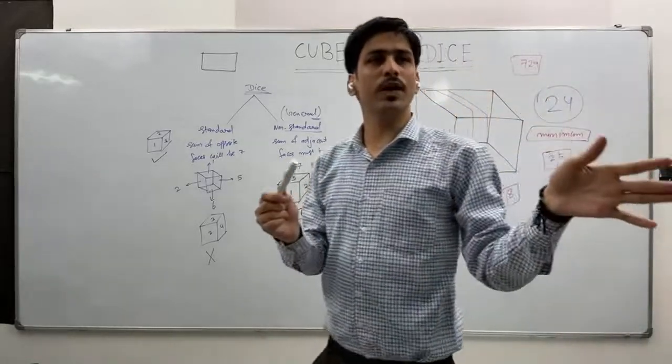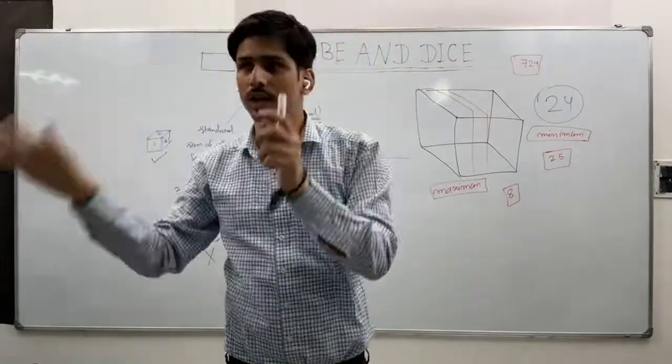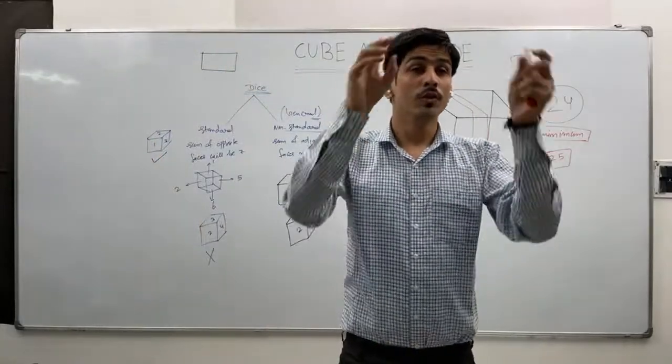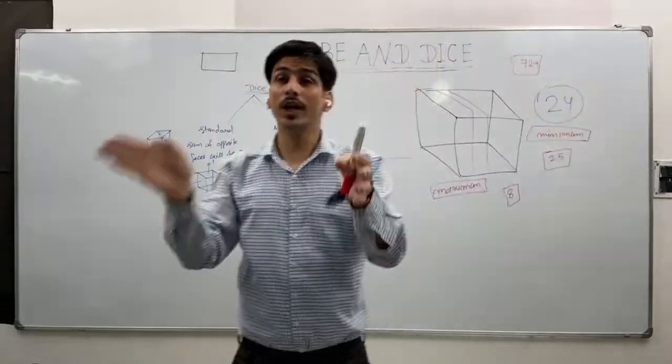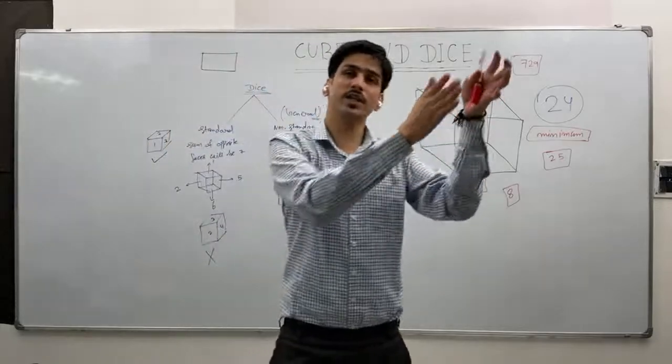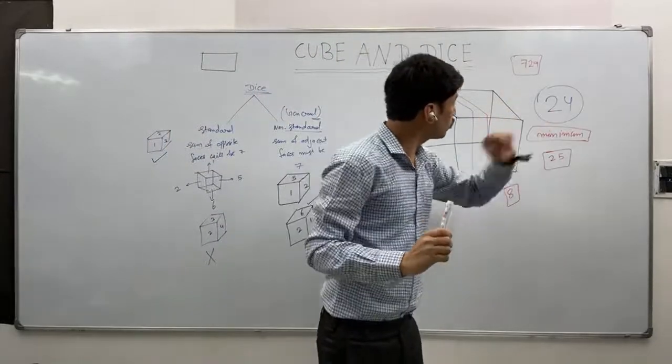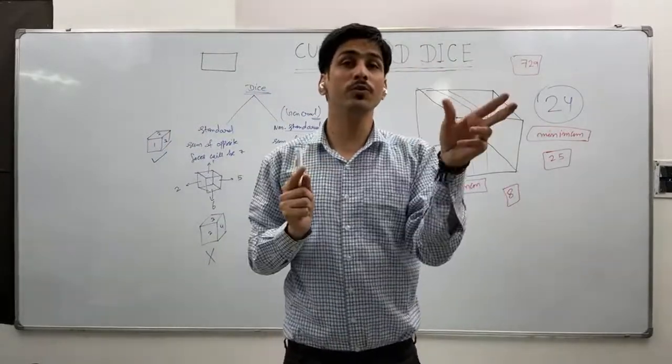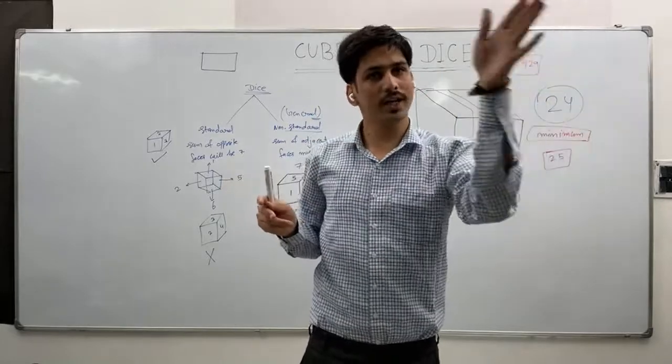To minimize, what we do? We make all the cuts along the same axis. To maximize, what we do? We divide the number of cuts equally along x-axis, y-axis, and z-axis, right? So here we have 24. So how will I divide 24 equally into 3 parts? 8, 8, 8.